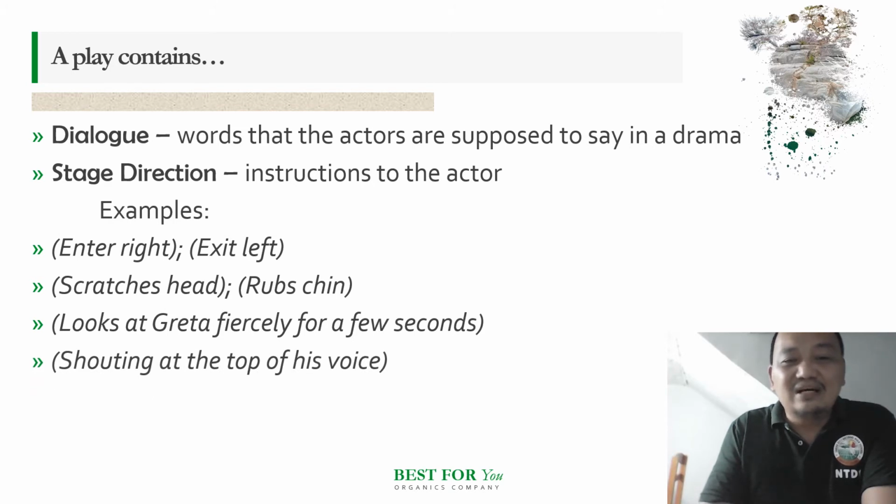Then something that tells your actor how the line should be delivered, like shouting at the top of his voice. So when you look at stage directions, they're always in parentheses, and to help spot them immediately, they're usually written in italics.